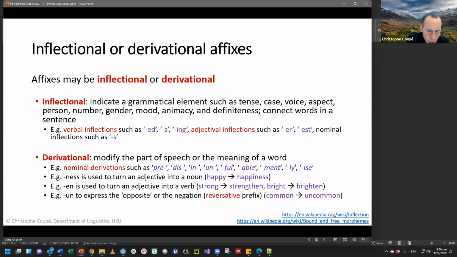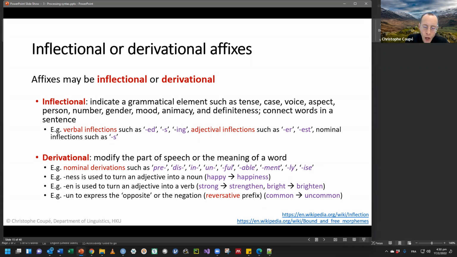So you have a number of elements like this. You can use en to turn an adjective into a verb, like bright to brighten, strong, strengthen. There are a number of things you can consider like that. Or you can use un to create the opposite or the negation of something.